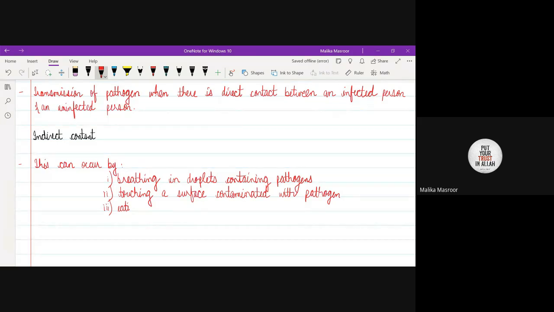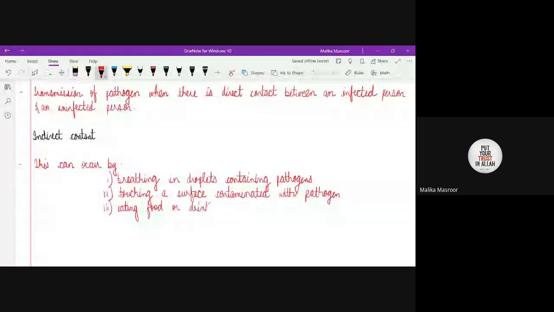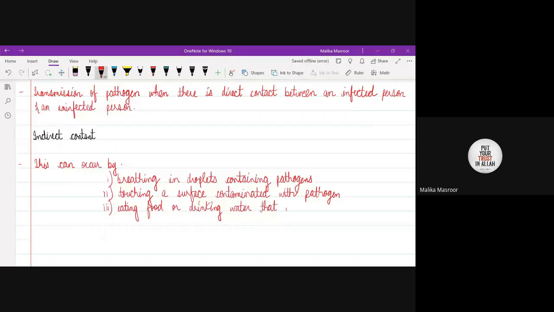And fourth, contact with animals that are carrying pathogens. Very important.